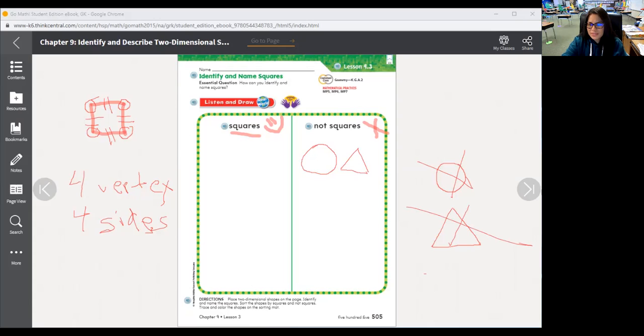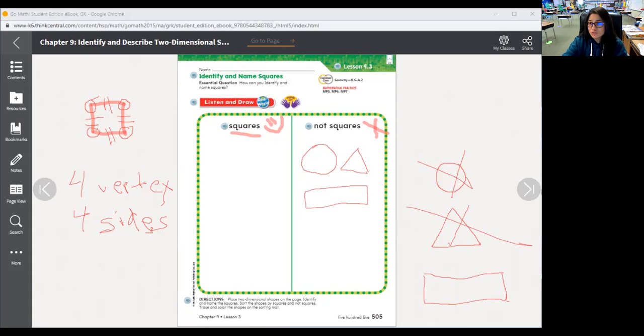All right, here we go. The next shape is this one down here in the bottom. Sorry, my lines aren't the straightest, but you guys can get the idea. Okay. Maggie. Sorry, Maggie. This one down here, a square, yes or no? No. Can you tell me why? Because it's long.